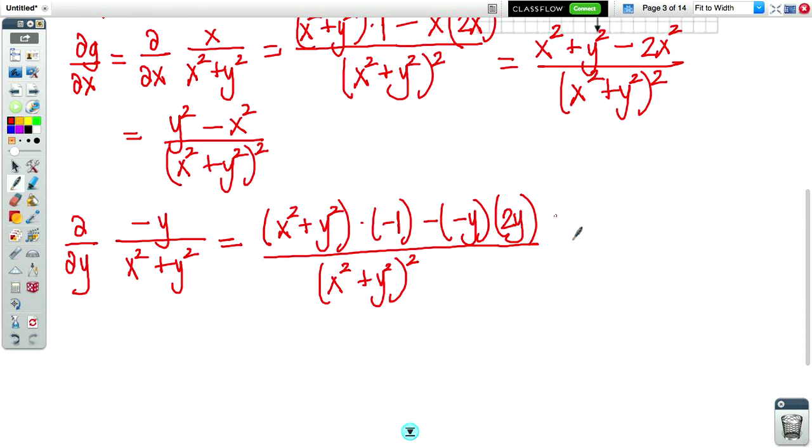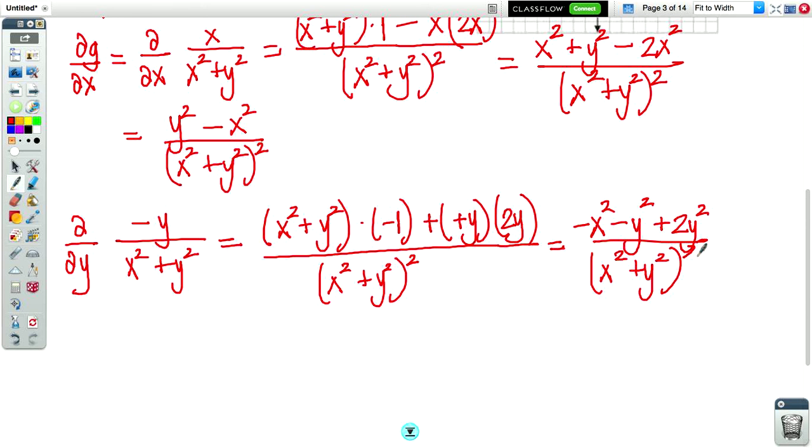And when I simplify that, this becomes negative x squared minus y squared, and then I've got minus a negative, so really plus 2y squared, all over x squared plus y squared, the denominator squared.